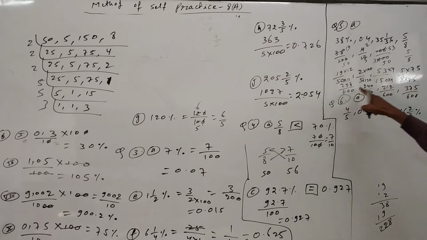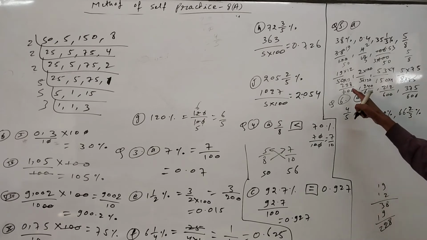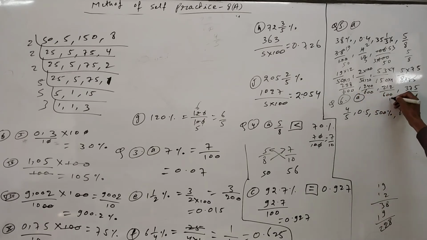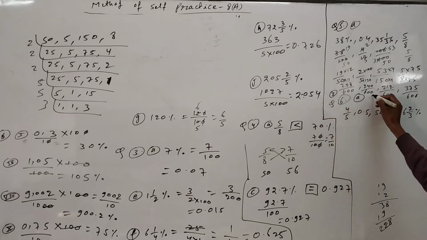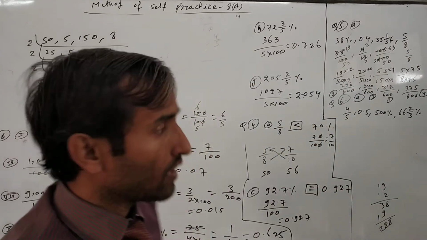Now we can check which one is greater. We have to arrange in ascending order. So this one is the smallest, it comes in first position, this one second position, this one third position, and this one fourth position. Like this we arrange in ascending order.